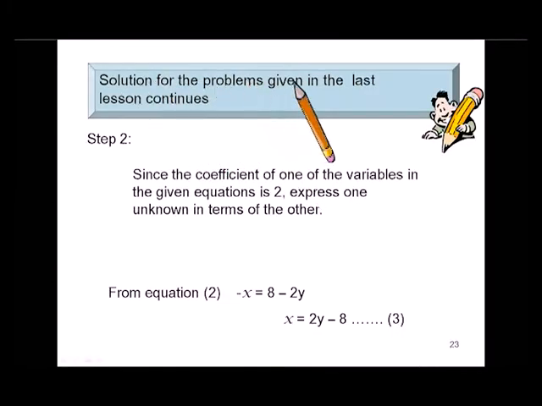Solution for the problems given in the last lesson continues. Step 2. Since the coefficient of one of the variables in the given equations is 1, express one unknown in terms of the other. From equation 2, negative x equals 8, take 2y. x is equal to 2y, take 8, equation 3.